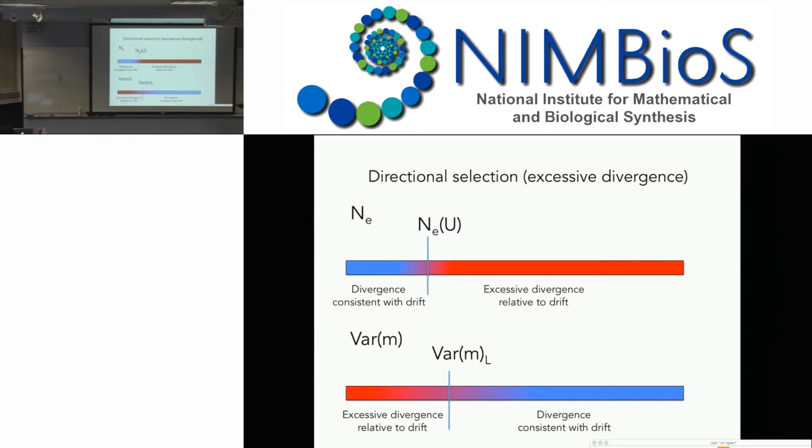So basically, the blue areas can give you lots of divergence consistent with drift, either small population or large mutational variance. So I have a critical value. If my effective population size is above that, I have too much divergence relative to drift. I have a critical mutational value. If my mutational value is below that, I've got too much divergence relative to drift. And tests are set up using either one of these.